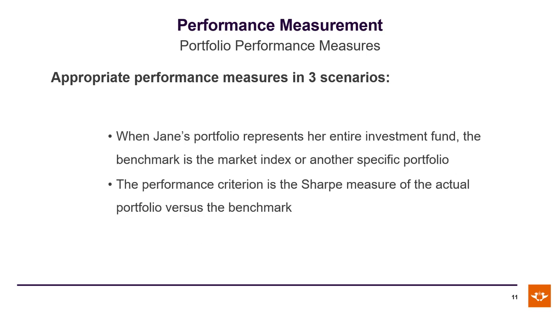In the first scenario, Jane's portfolio represents her entire investment fund, and the benchmark she's using is the market index or another specific portfolio. In this case, it's the entire risky portfolio. As mentioned before, the most appropriate performance criterion in this instance is the Sharpe measure of the actual portfolio versus the benchmark.